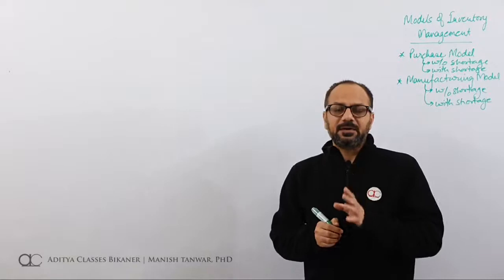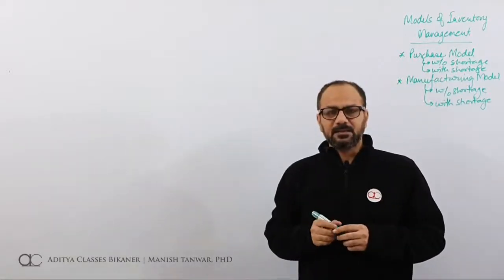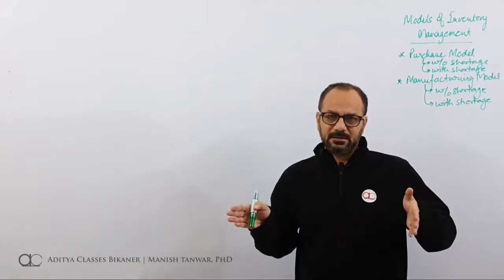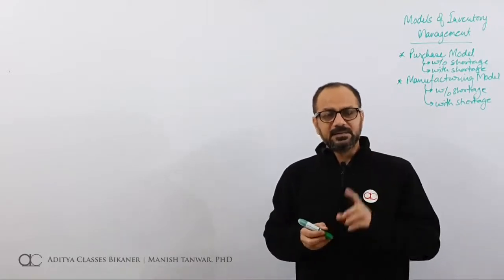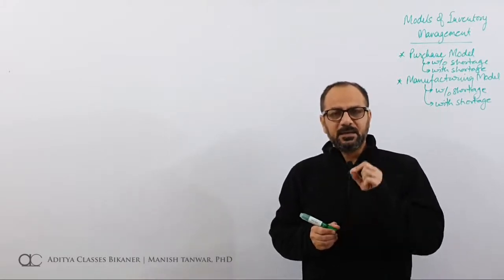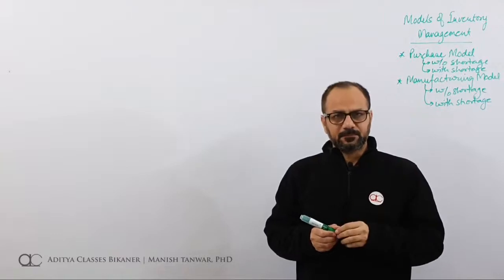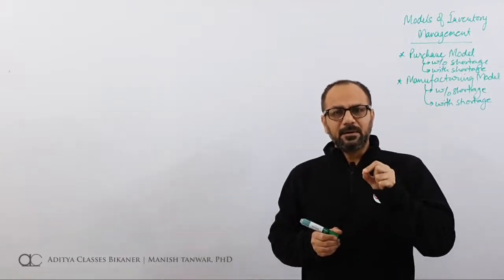So one thing very important to notice in all these models is the time frame. The time frame for all different entities that we will be dealing with should be same. For example, we have a time frame for carrying cost also. Carrying cost is given in per unit per period. What is the carrying cost? Per unit that I will be spending per period.